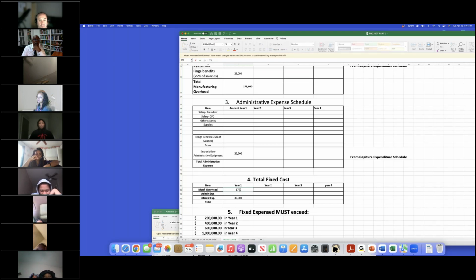Then we're going to go in here for administrative expenses, and let's just assume we had a president who was making 80,000, and a CFO who was making, let's just say, 70,000. And let's assume that we had, say, 5,000 in office supplies.